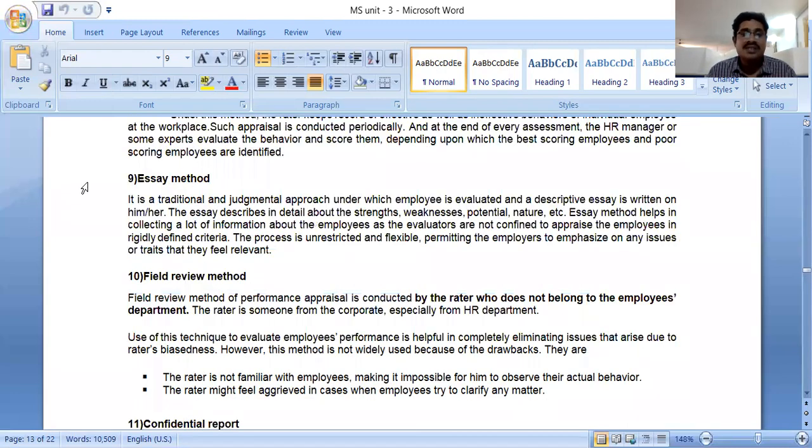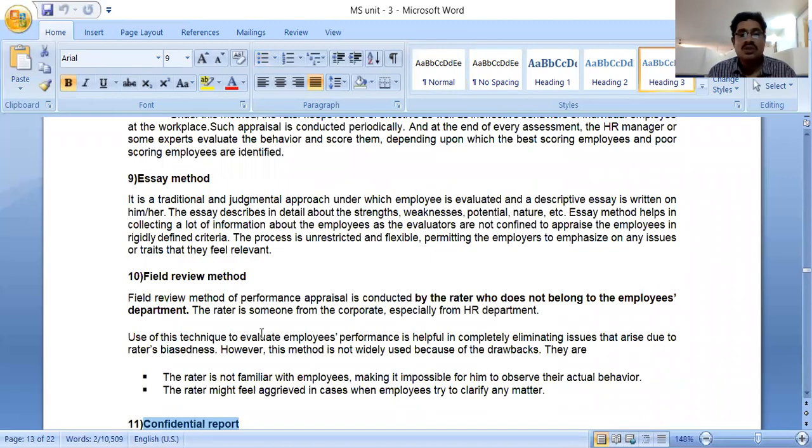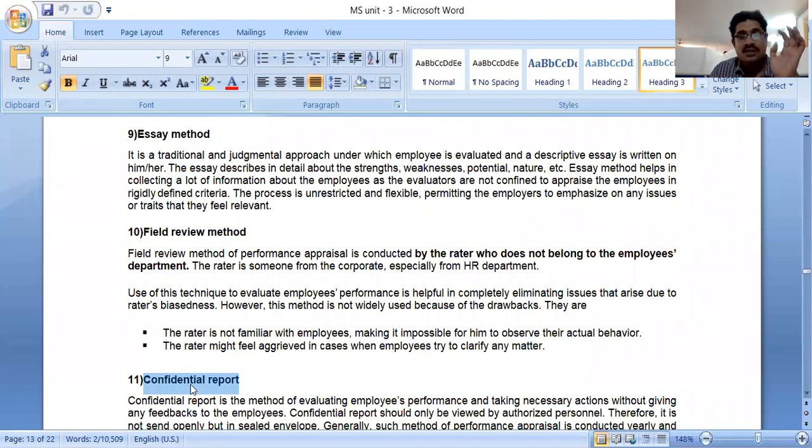So the difference between the essay method and the confidential report method: both are the same in sense. But the difference is that the essay method is used for private organizations, and the confidential report is used for government organizations.